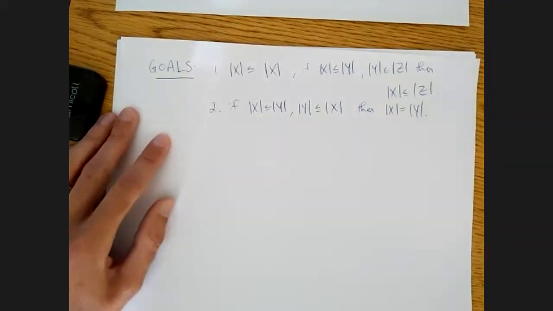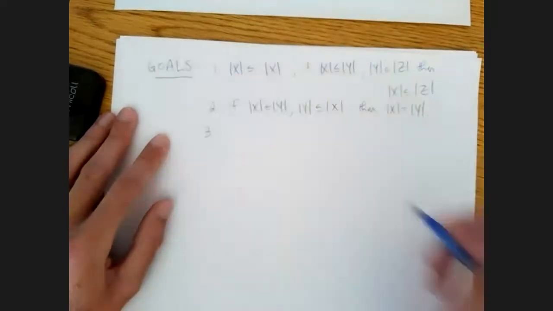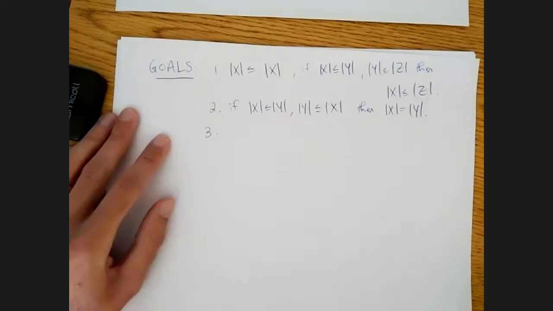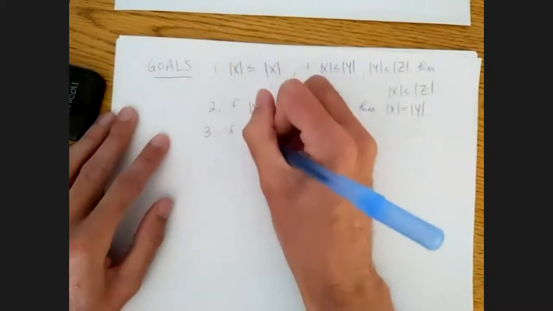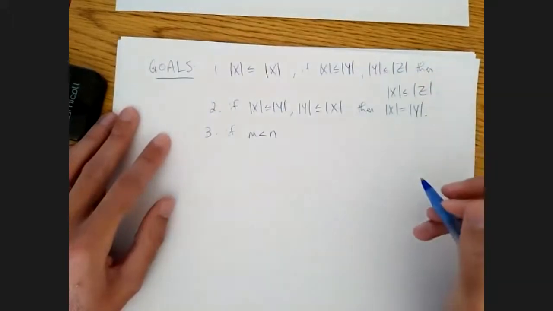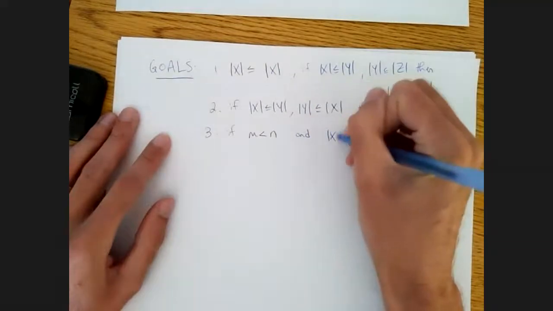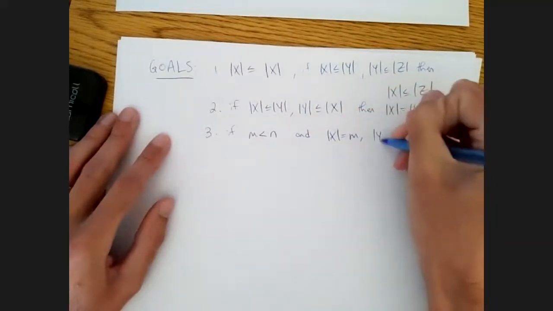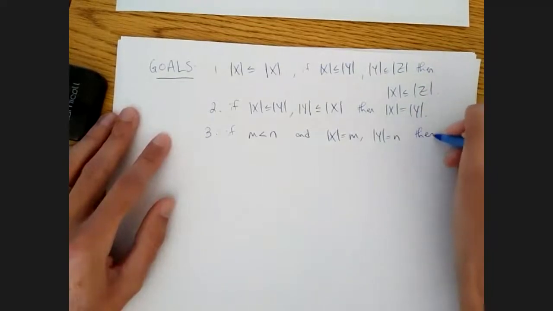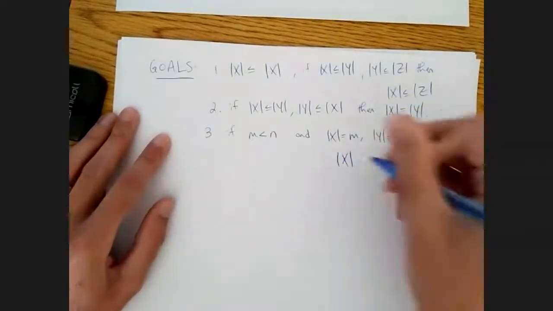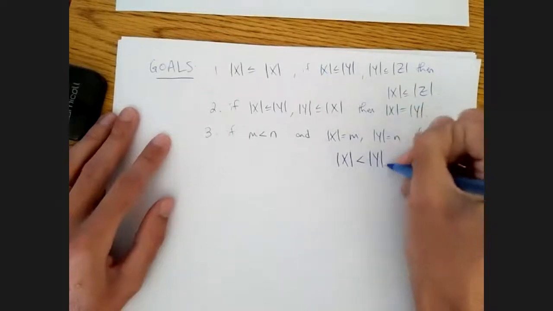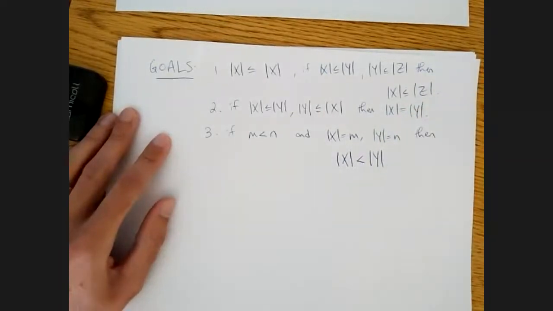Then we also want to make sure that finite sets and natural numbers play well together. We want to do stuff like: if m is less than n and cardinality of x is equal to m, cardinality of y is equal to n, then we want to show that cardinality of x is strictly less than the cardinality of y.